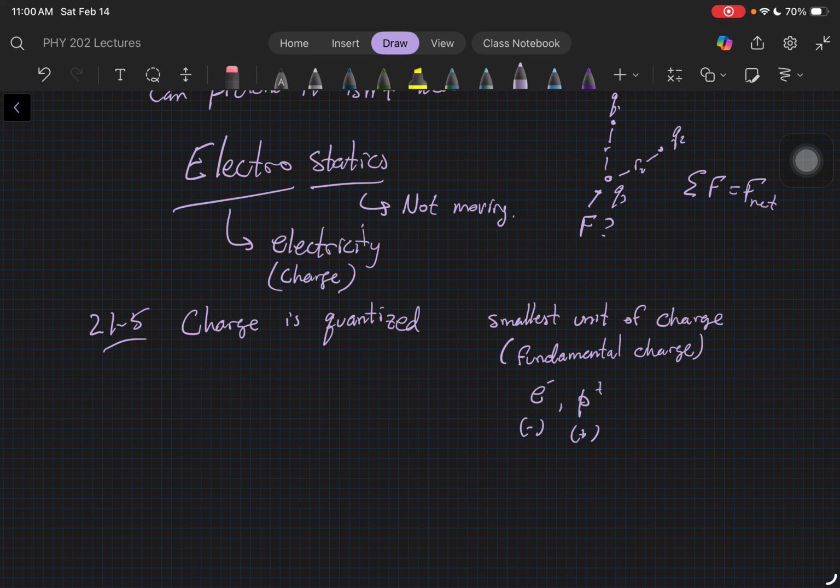One's negative, one's positive, and they both have a magnitude of charge of 1.602 times 10 to the negative 19 coulombs. Right?